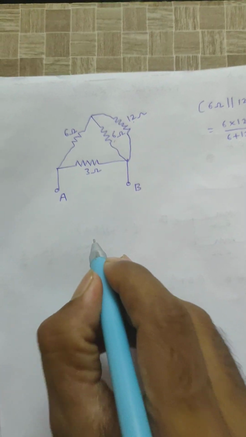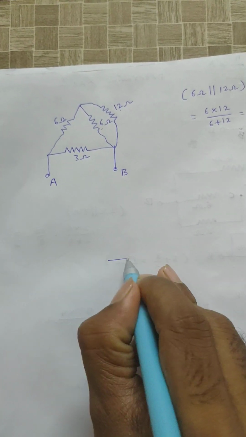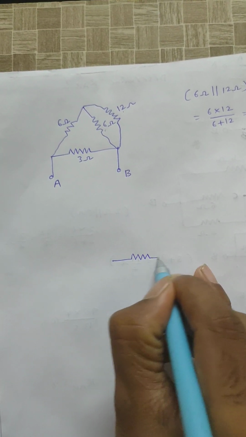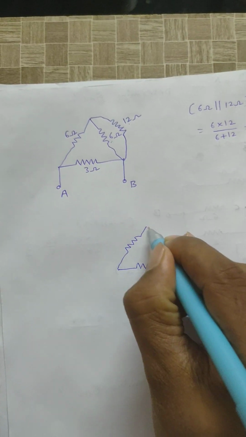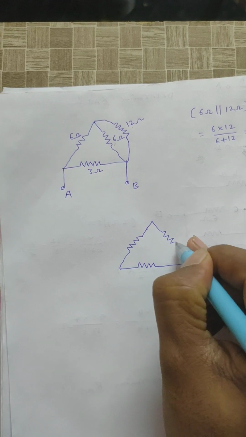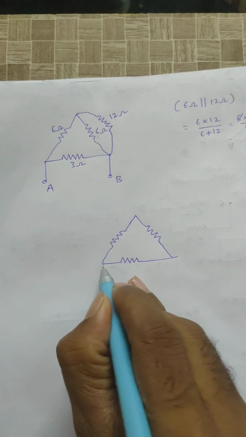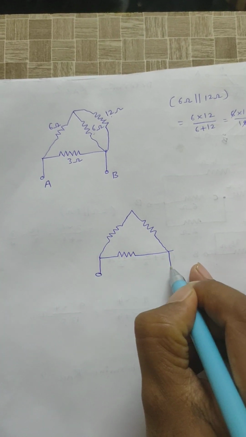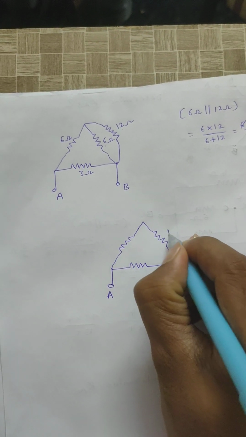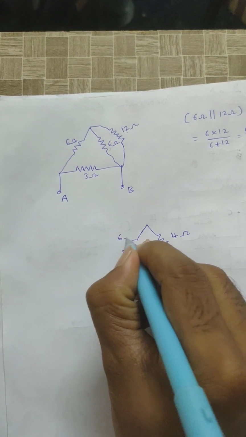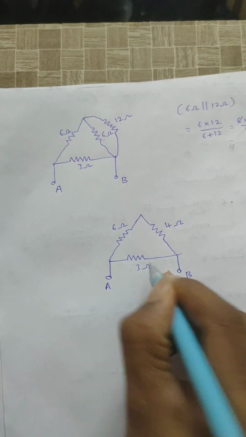Then the equivalent circuit will be like this, okay. A, B, that is 4 ohm, 6 ohm, 3 ohm, right?